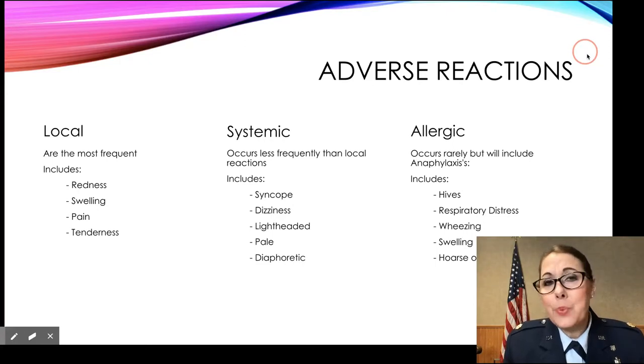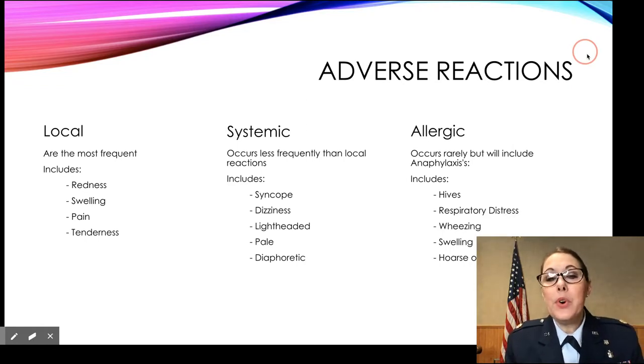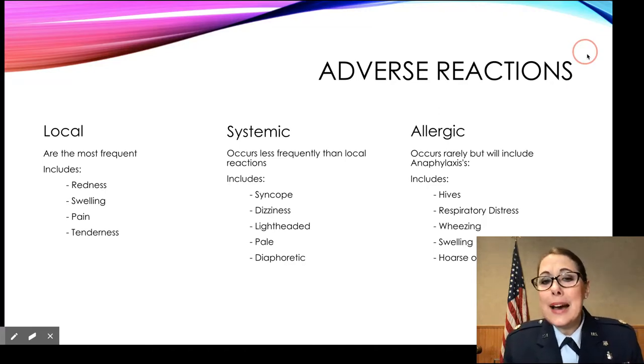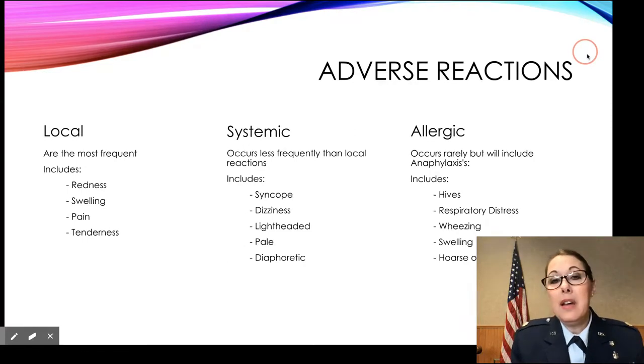It's just your body's way of creating a response to the immunization, building those antibodies. Then less likely to occur, you could have a systemic reaction, so syncope, but we do see that still. So people can pass out, get dizzy, lightheaded, pale. They could break out in a sweat. Those are things we see too if we're going to see a reaction.